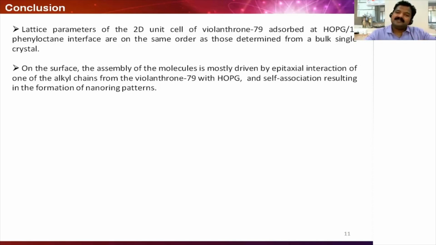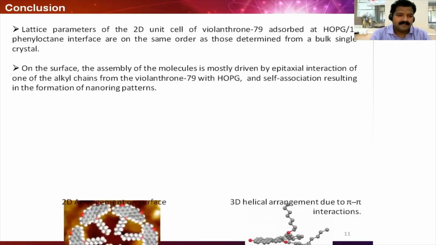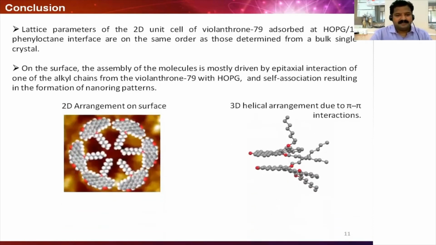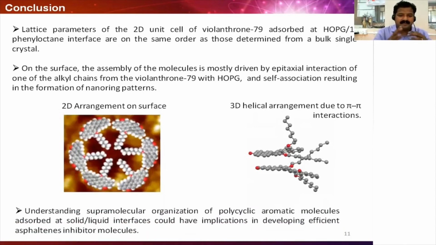So self-association and epitaxial interactions form these 2D patterns. Here is an example of that. However, in 3D, the interactions are mostly governed by the pi-pi interactions that form this helical structure.